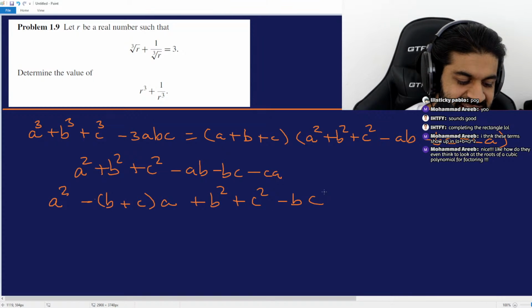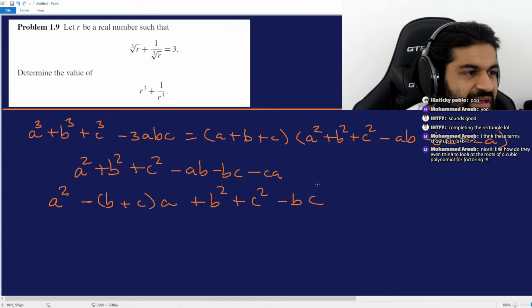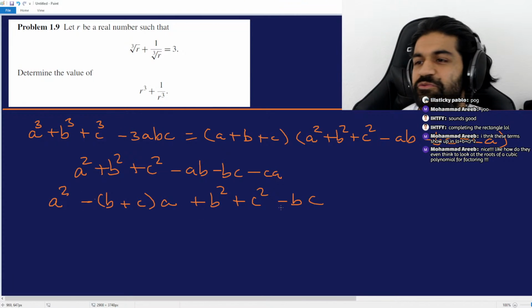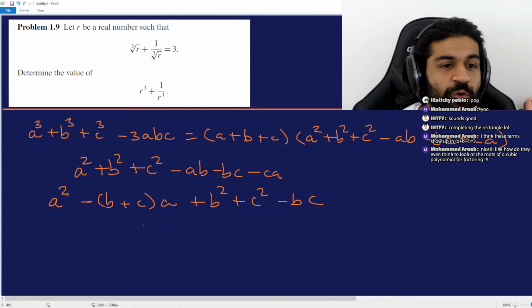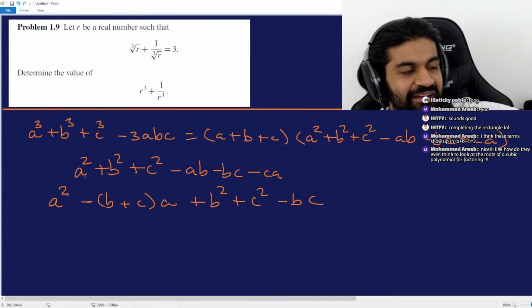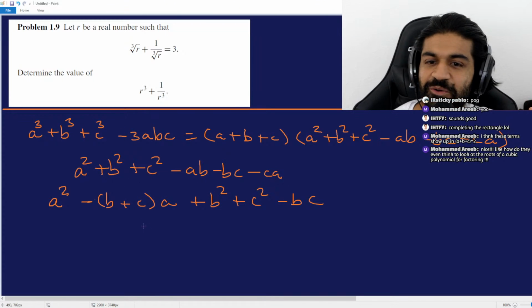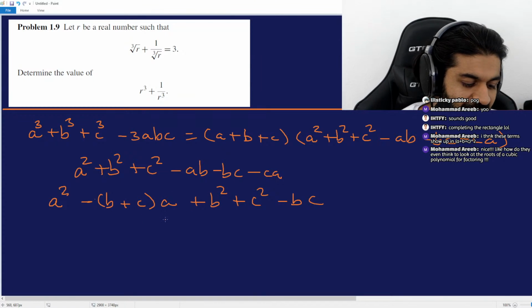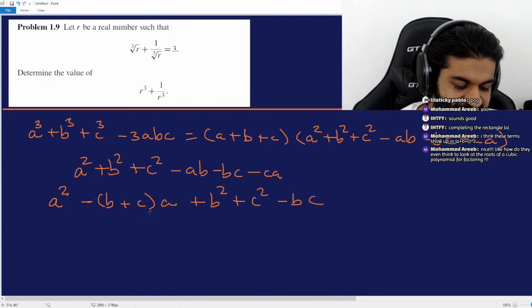This is how you'd write this if you were thinking of this as a quadratic in terms of A. Now we can use the quadratic formula to get the roots of this.